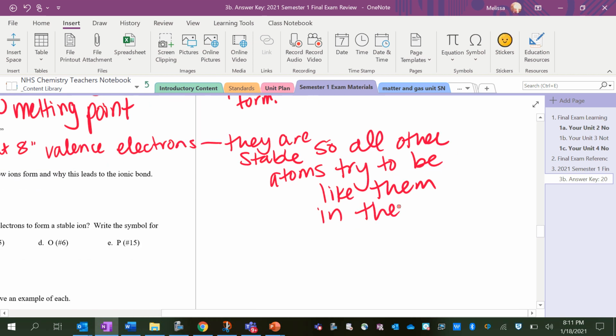So they all try to surround themselves with 8 valence electrons. They can't actually change what type of atom they are, but they can change their electron configuration by forming ions, by gaining or losing electrons.